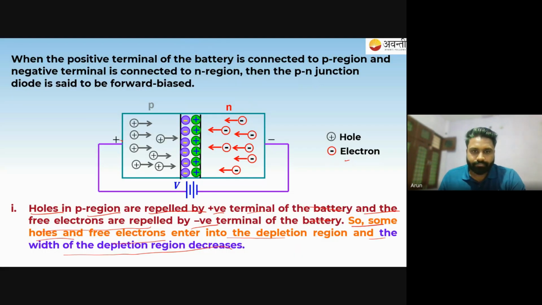So in forward biasing, the width of the depletion layer decreases because of the movement of these electrons and holes. Okay, got it? So this depletion layer decreases.